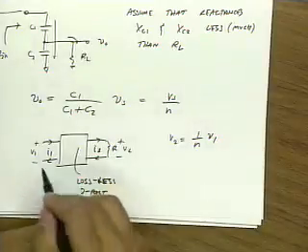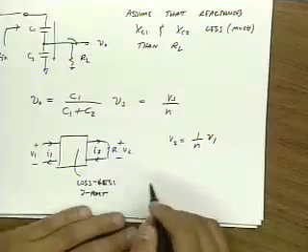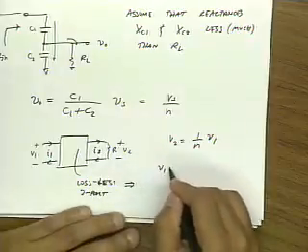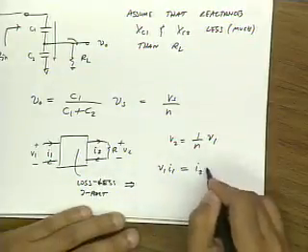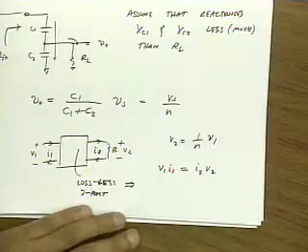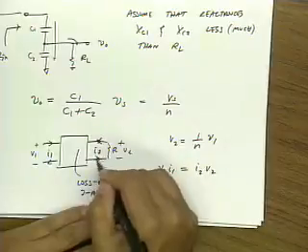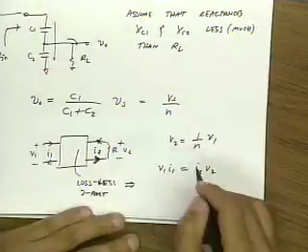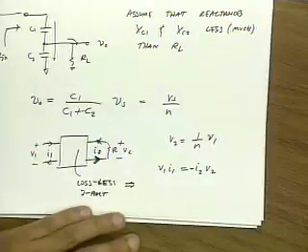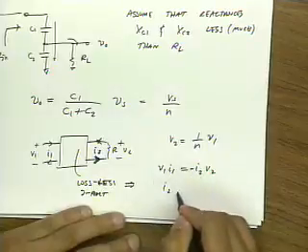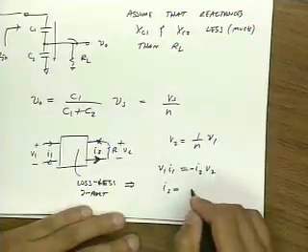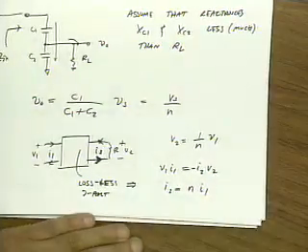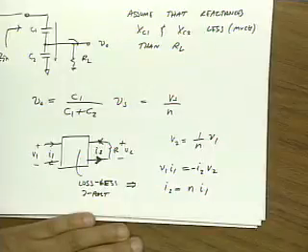This could be a transformer, for instance. Well, because it's lossless, that implies that V1 I1 has to equal V2 I2, right? Actually, I2 is defined in this direction. It's the current going into the two-port. So whatever power I put in should equal minus the power I take out, because it's lossless. That means if there's voltage gain, then the current gain should be the opposite of the voltage gain, right?